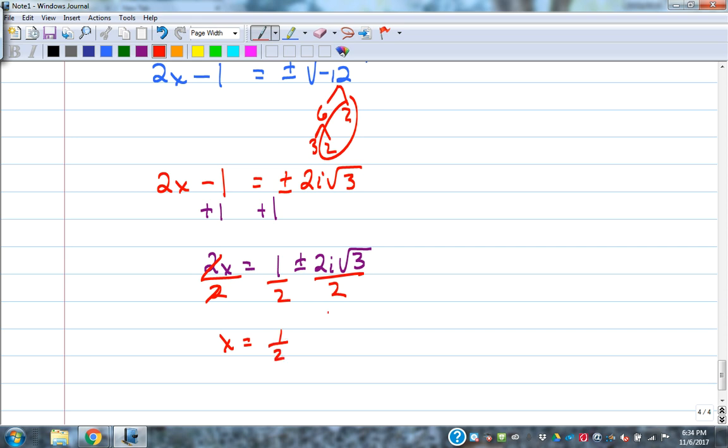That's 1/2 plus or minus. Does 2 go into 2? Yeah, so it's i radical 3. And there's our two answers out of that. This 2 and this 2 cancel one another out.